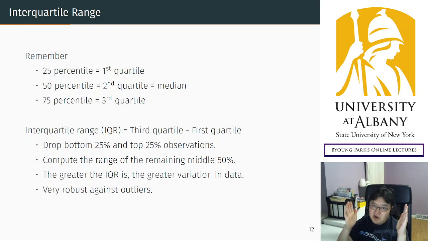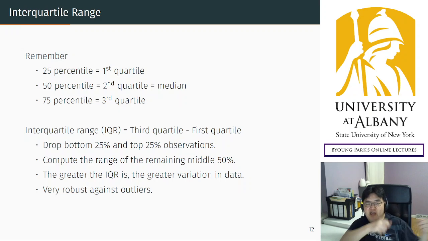So take the maximum of the remaining observations and the minimum of the remaining observations and take their difference. That is the new range, but you may interpret this as the difference between the third quartile and first quartile of the original data, right? So it's just a different interpretation.